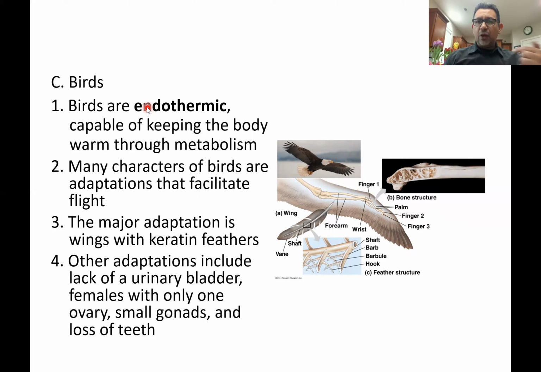So heat comes from inside. That is the meaning of endothermic. Their own metabolic reactions provide the heat for these animals to maintain their ideal temperature. Many characteristics of birds are going to enable them to take flight.